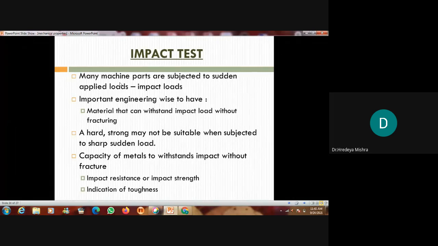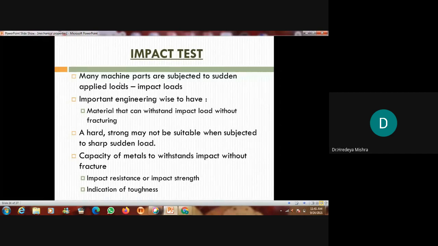impact test. Okay, so why do we go for impact testing? What is impact testing? Sometimes the material bears very good tensile strength as well as compressive strength, but it fails in impact testing. What do we mean by impact testing?